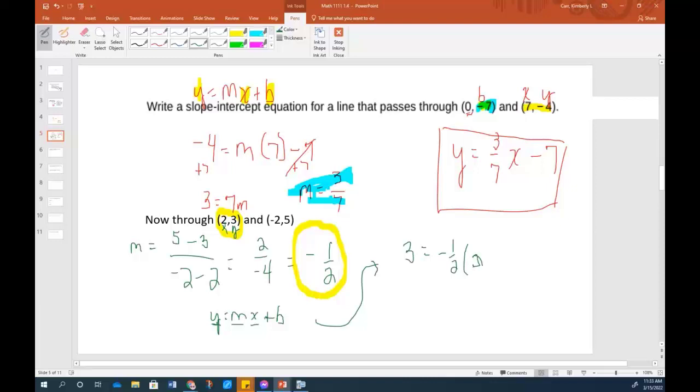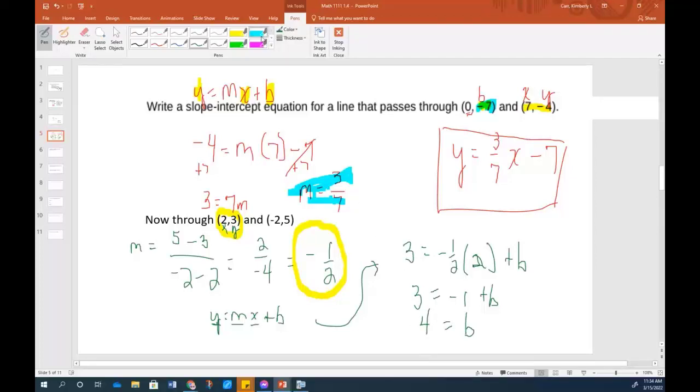Oh, it didn't recognize a 2, did it? That's supposed to be a 2. Plus b. Well, -1/2 times 2 is -1. So then I can solve that and find that b is 4.